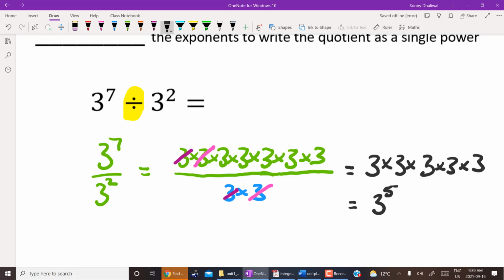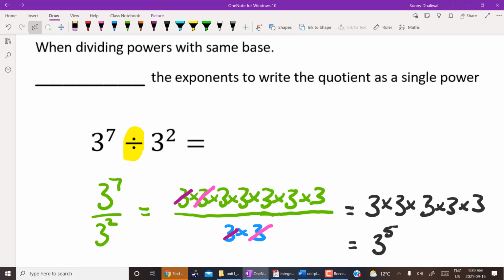We have 5 3s left. Now, instead of having to write out the repeated multiplication and do all this work, can you look at the original expression and think of a math rule to figure out how to go straight from here to there?